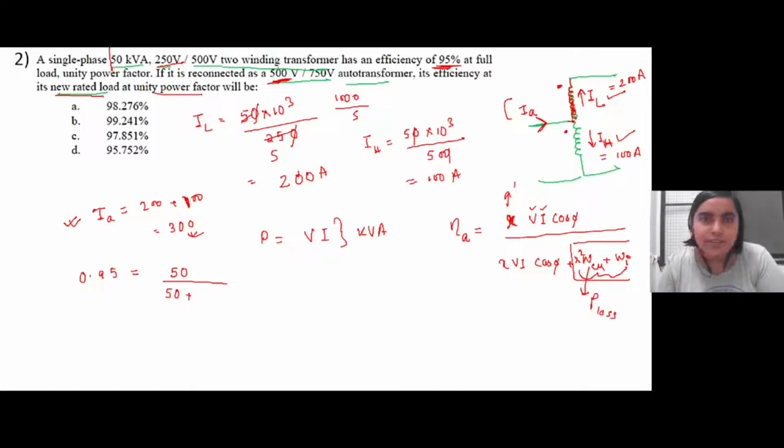Because the previous connection was also performing at the rated load, so x will be equal to 1. Anyway, it will be just the total W_cu and W_i, which are the copper loss and core loss. So let us write it in terms of P loss. So P loss, if we just calculate the total loss, will be 50 by 0.95 minus 50. So let us calculate this.